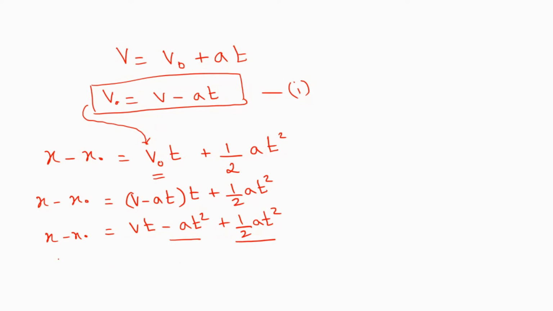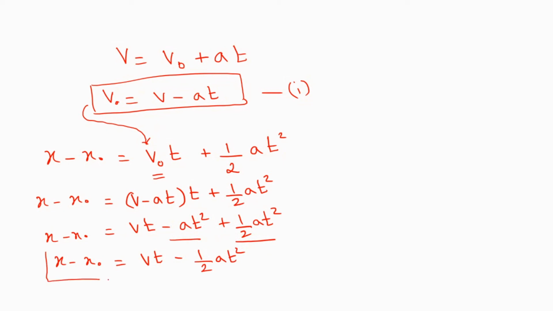So I'm going to write this equation again, x minus x naught, which is equal to this vt. I'm going to write as it is. But here, after you combine this minus at square with plus half at square, this becomes minus half at square, and this is nothing but your fifth equation.